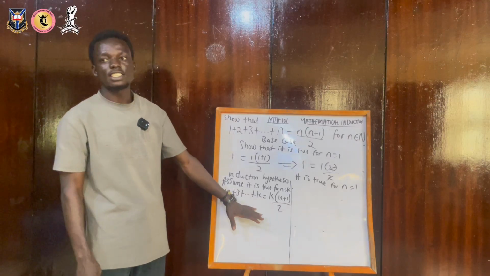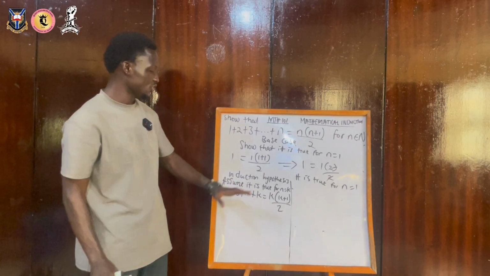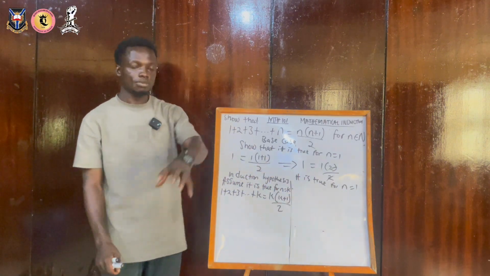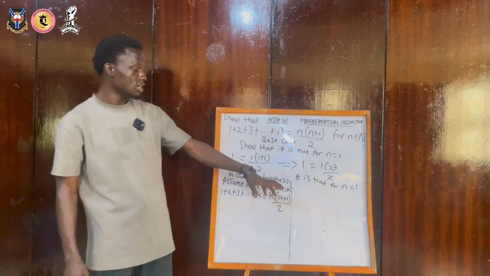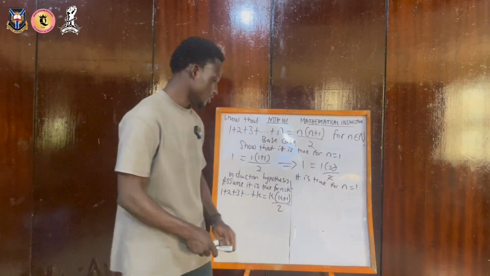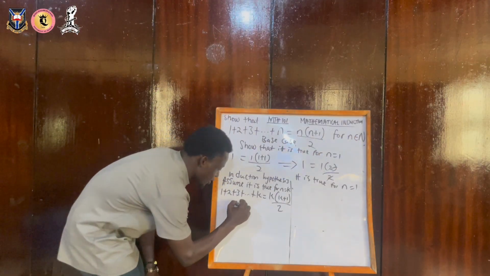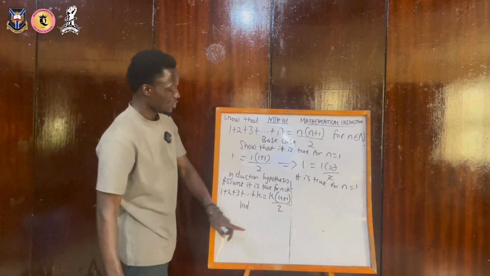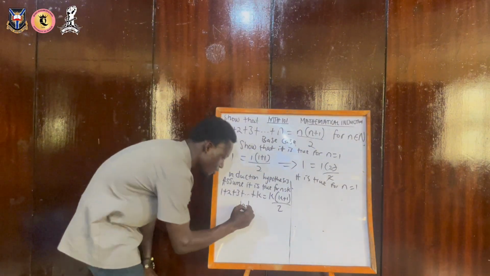The fact that you've written this is that you've assumed that it's actually true, because you said everything here is equal to this. So you've assumed that it's true for n equals k. Now, for you to conclude that it's true for all natural numbers of n, you have your base case, your hypothesis, and your induction step, which is the last step.